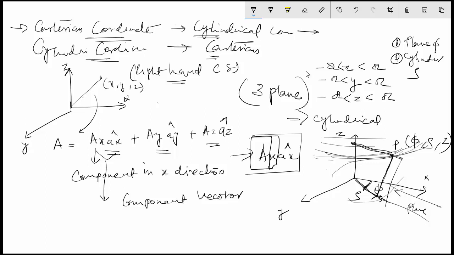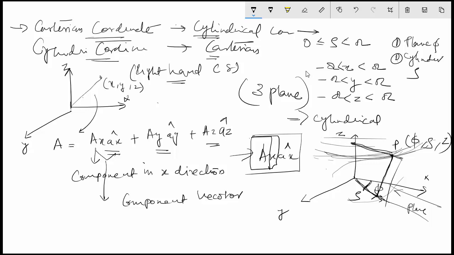So it's possible to locate a point, and you can represent the three things as your cylinder, which will extend from 0 to rho to what is known as infinity.